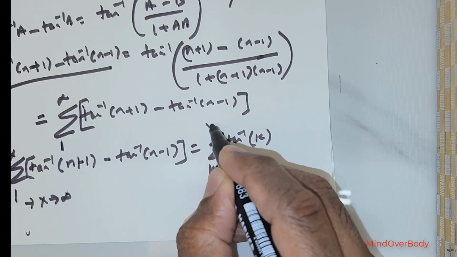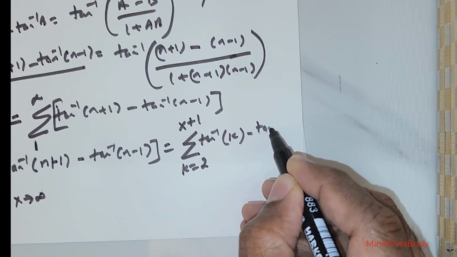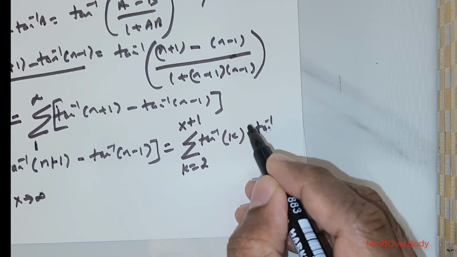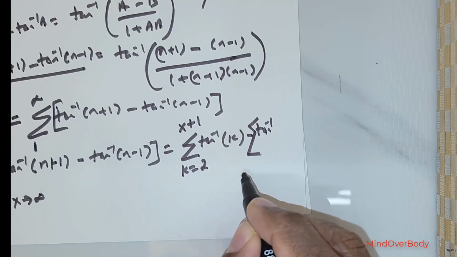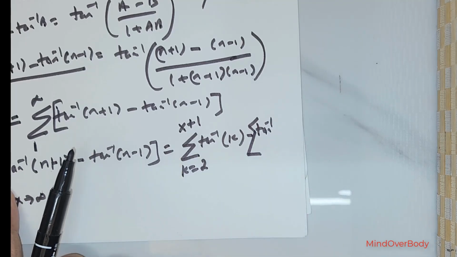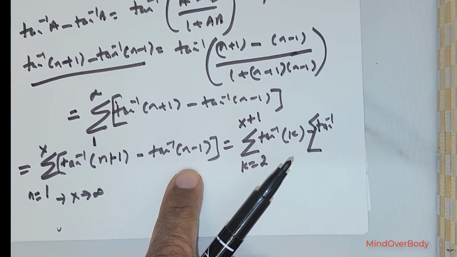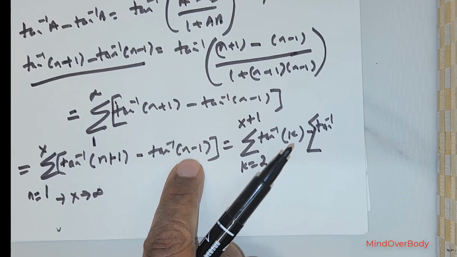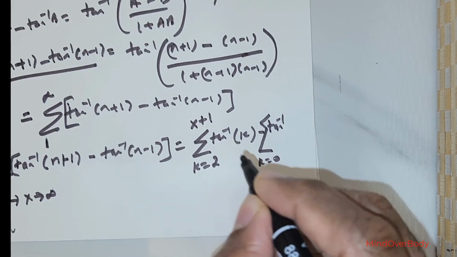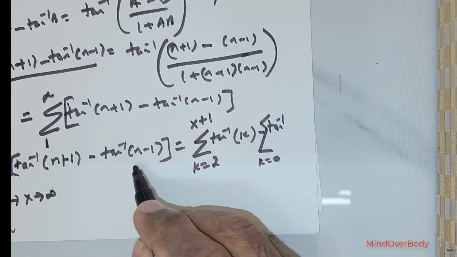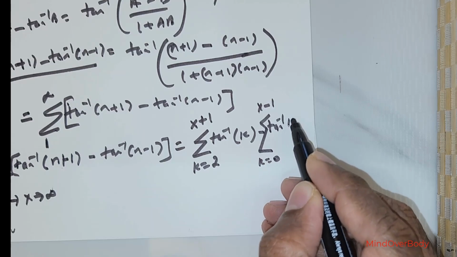So this is going to be x positive 1, followed by tan inverse of, now we need to use another sigma. So this is going to be, n is equal to 1, we have 0, tan inverse of 0. So the starting value will be k is equal to 0 all the way to n minus 1. So it's going to be x minus 1 to tan inverse of k.